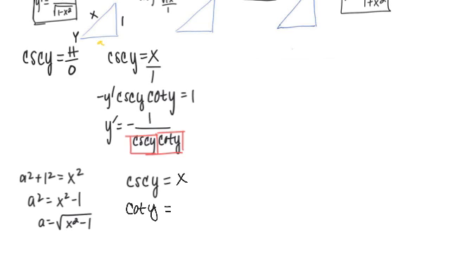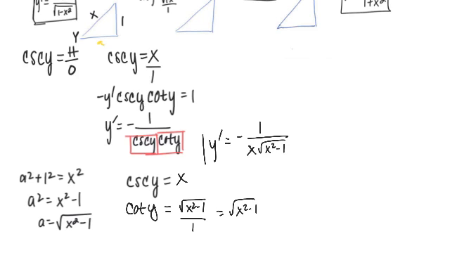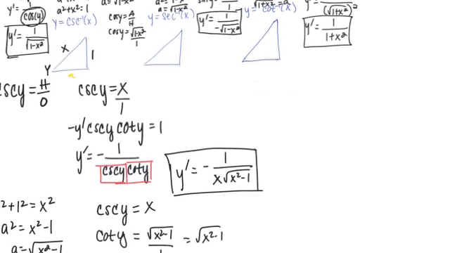So that's going to be our a value, which is the square root of x squared minus 1 over 1. Okay, so we can just call that the square root of x squared minus 1. So we replace that in our y prime, so y prime equals negative 1 over x square root of x squared minus 1. So that is the derivative of cosecant inverse of x.